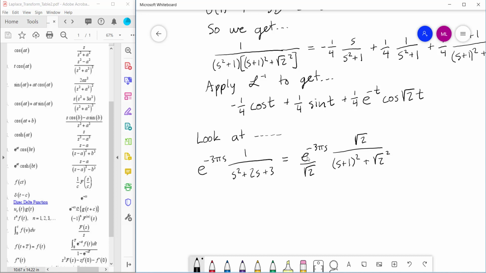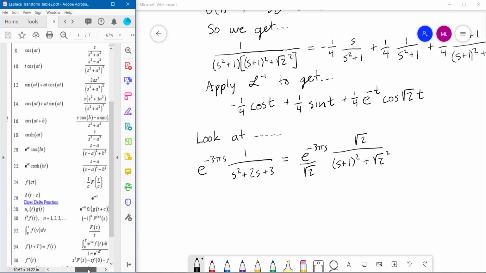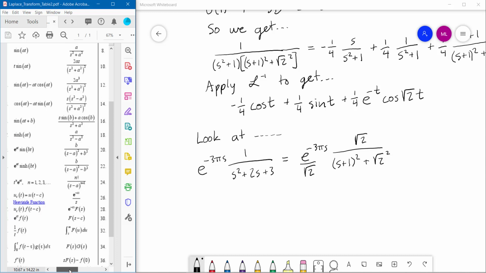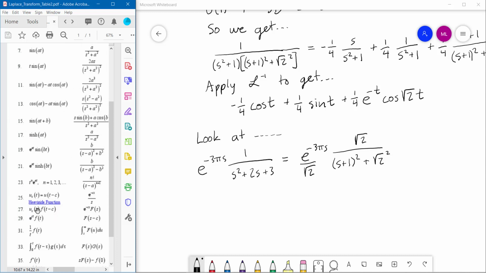And what do we do when we have this e to the negative 3 pi s sitting out in front of things? Well, remember, whenever you have an e term sitting out in front of whatever function you're dealing with, it transforms backwards in this manner. It yields a Heaviside function with a shifted version of whatever f transformed to. So keep this in mind. This is the one we're looking at right now.